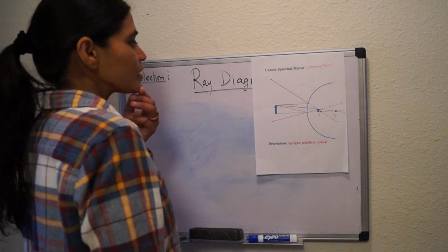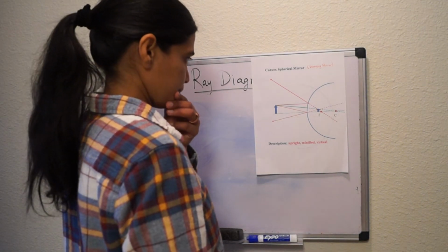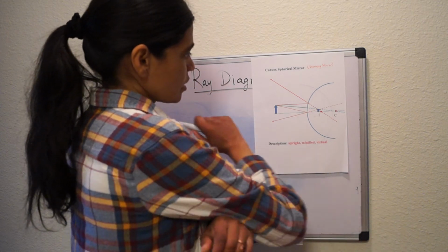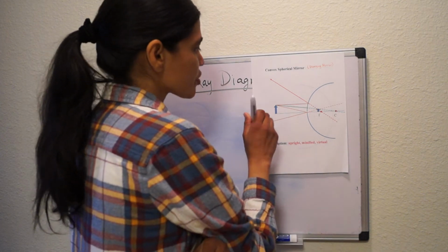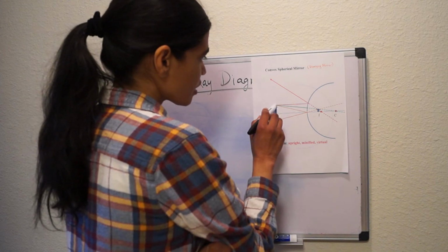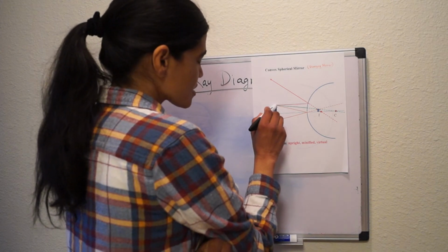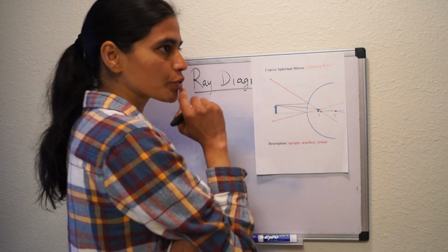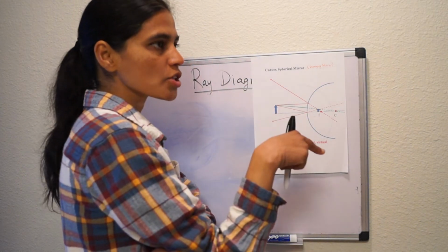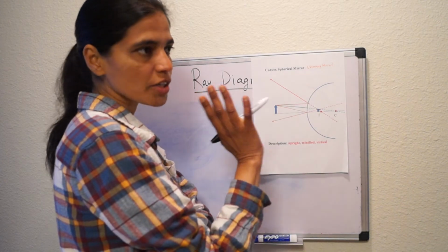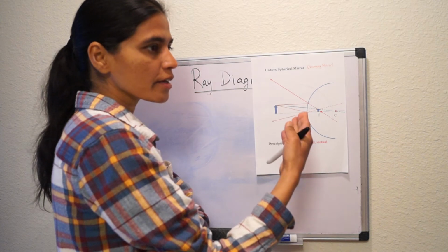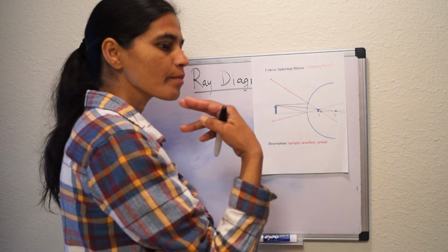Okay, now let's look at the central ray. Here the green color is a central ray. The property of this ray is that it passes through the center of curvature, and it passes to the center of the mirror. Then it reflects through the same path.